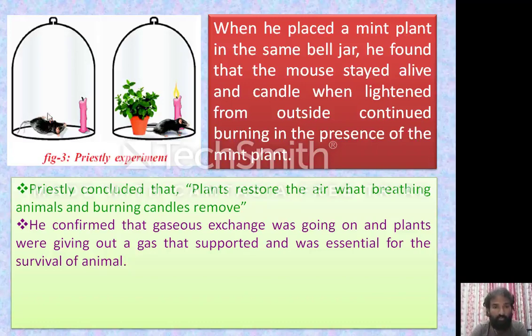animals. Finally he confirmed that gaseous exchange takes place in plants through the stomata. The gas is received by the plant and the gas is released by the plant. Whatever gas is received from the external environment, which came from the candle and the mouse, the plant releases a gas.